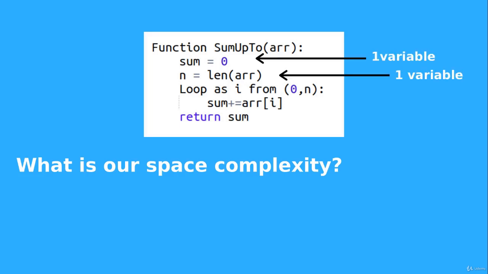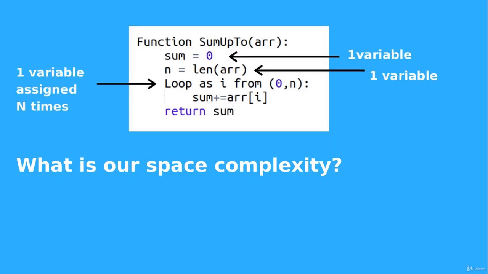Well, let's count the number of variables. So here we got these two variables, the sum, which is initially 0, and n, the length of the array. After that, in our loop, the i, which is the loop's counter, gets assigned n times. But it's still a single variable.